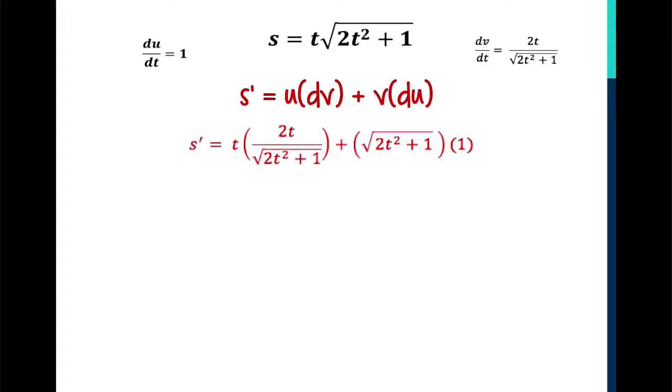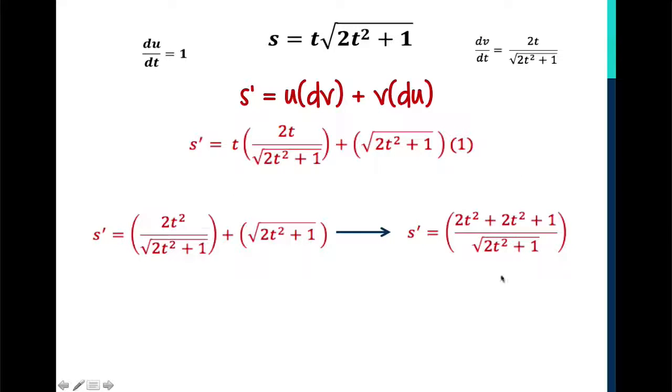So using now the product rule to get the formula for velocity, we would get t times 2t over square root of 2t squared plus 1, which is the derivative of v, plus square root of 2t squared plus 1 times 1, which is the derivative of u. Okay, so this is quite long, so just pay attention on how it happened.